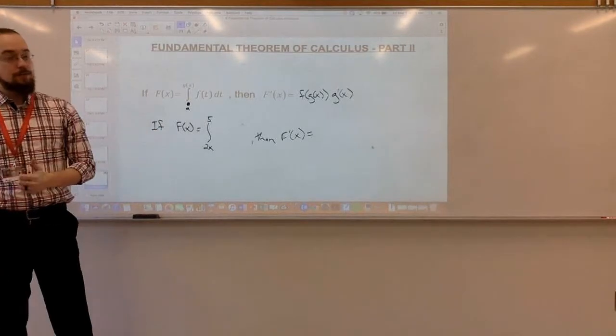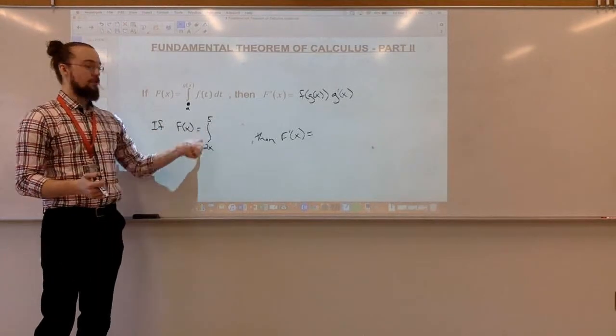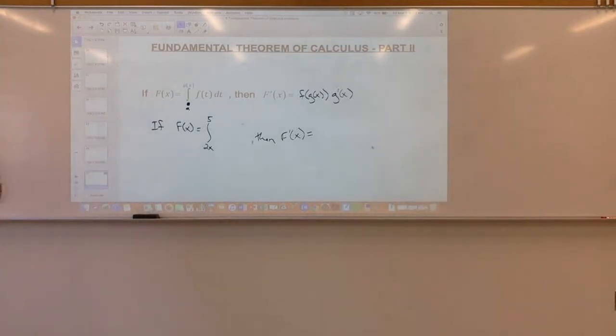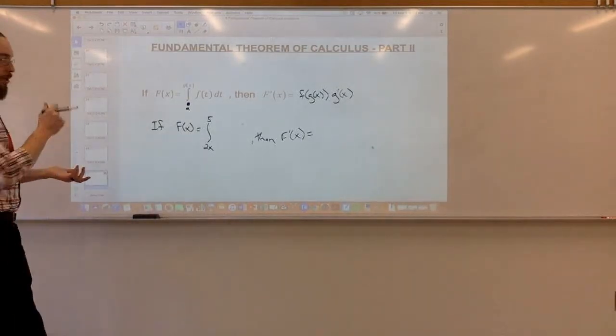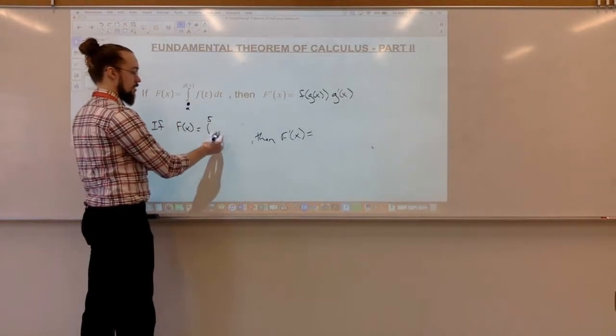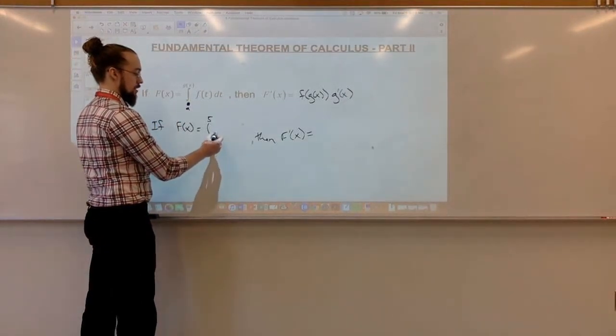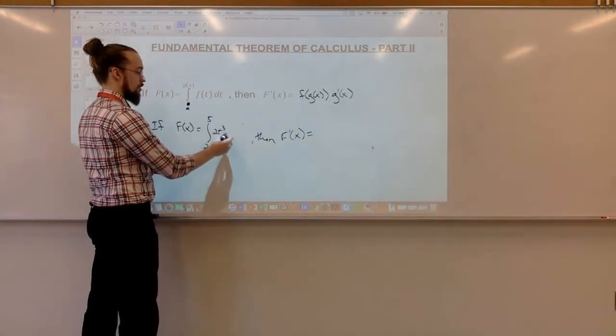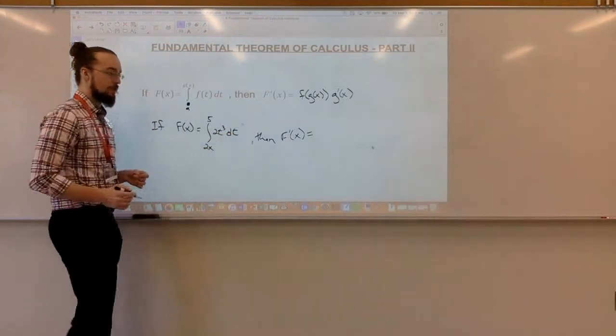In case 2, now we're looking at, what if these are functions instead of just numbers? So how about this? From 2x to 5 of 2t cubed dt.